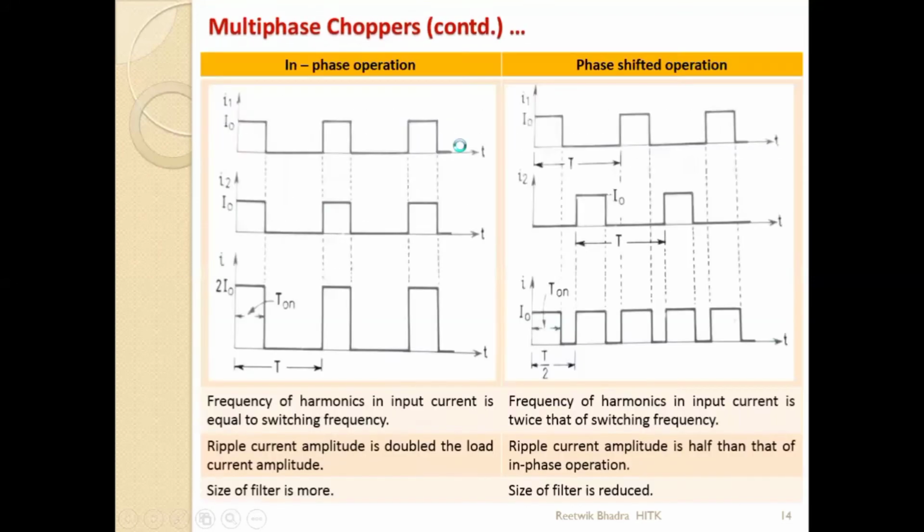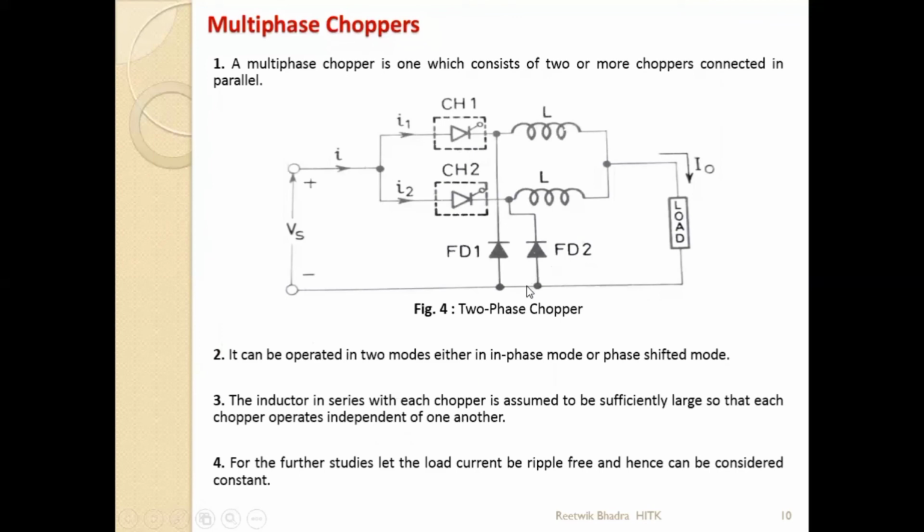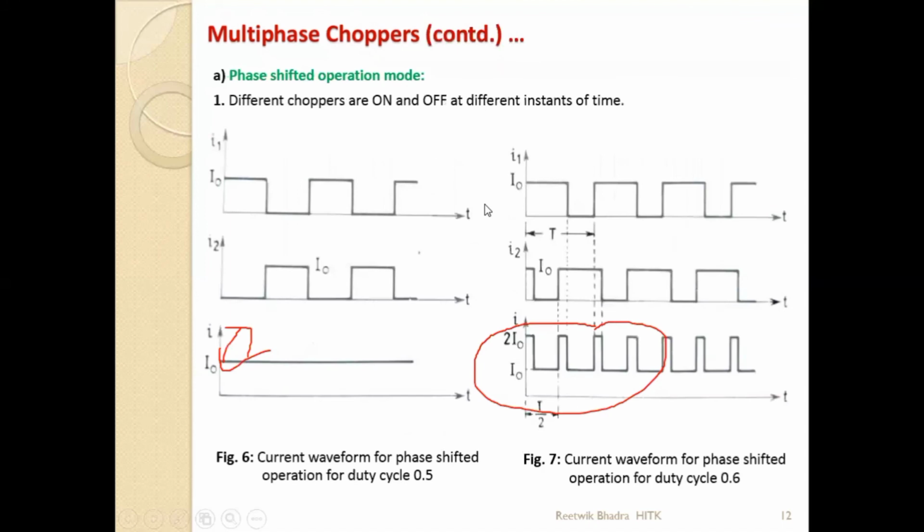So if you go on increasing the number of choppers, say 4 or 5 choppers, you have to use different commutation circuits for different choppers in the phase shifted operation.